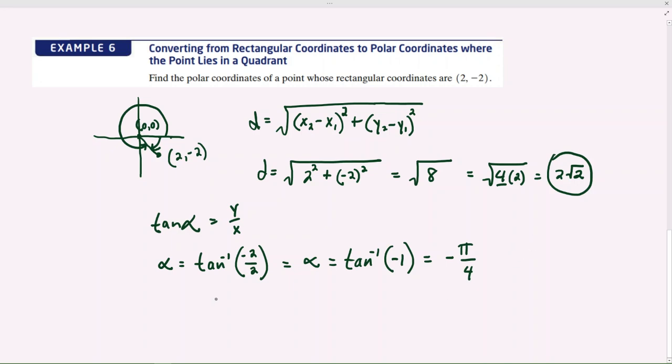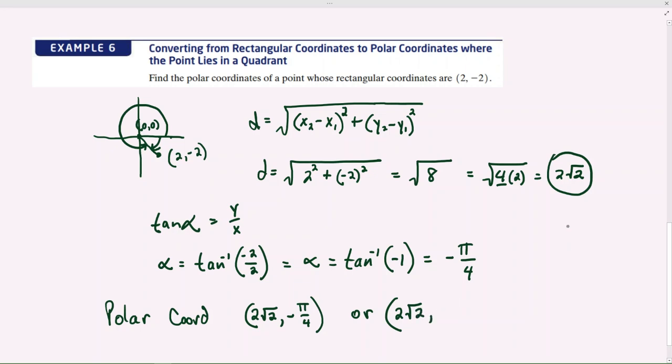Okay, so we've got the pieces we need, so our polar coordinates here are going to be distance 2 times the square root of 2, along a trajectory that matches the angle of negative pi over 4. Now, if I wanted to write this with a positive angle, remember we can locate polar coordinates in more than one way.